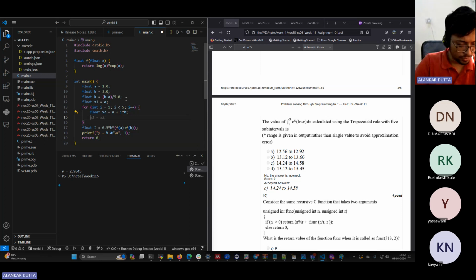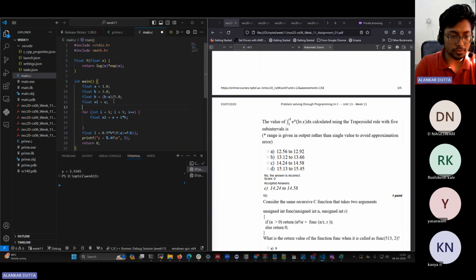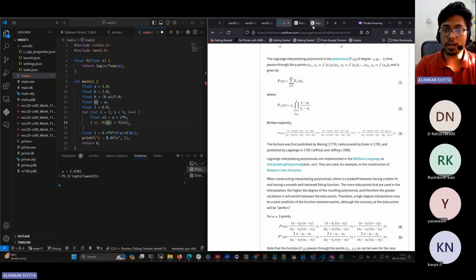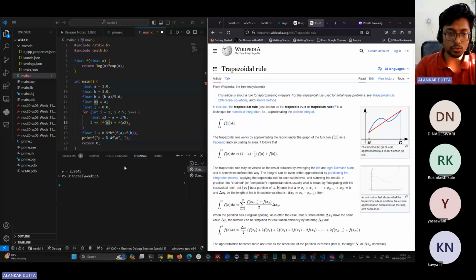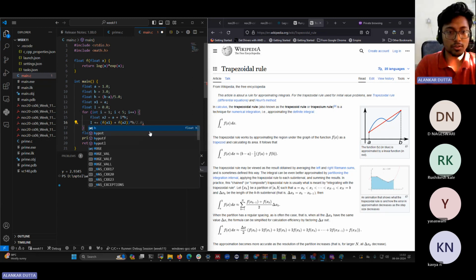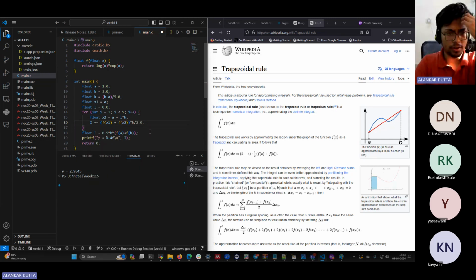And here we will do i, so this is the integral. So I equals 0, starts with 0, and then I plus equals f of x1 plus f of x2, right? Let's go to the Wikipedia article where the formula is given. So you have f of x1 plus f of x2, and this has to be multiplied with h by 2, right?